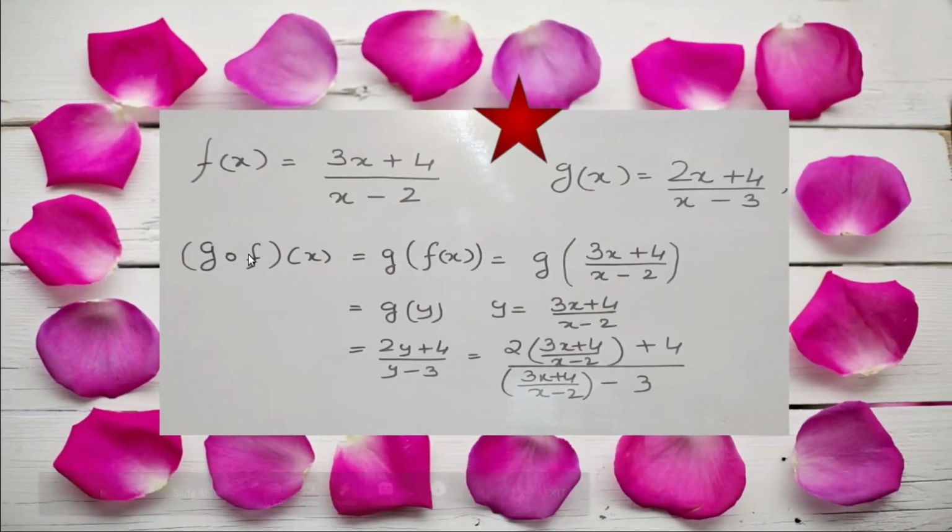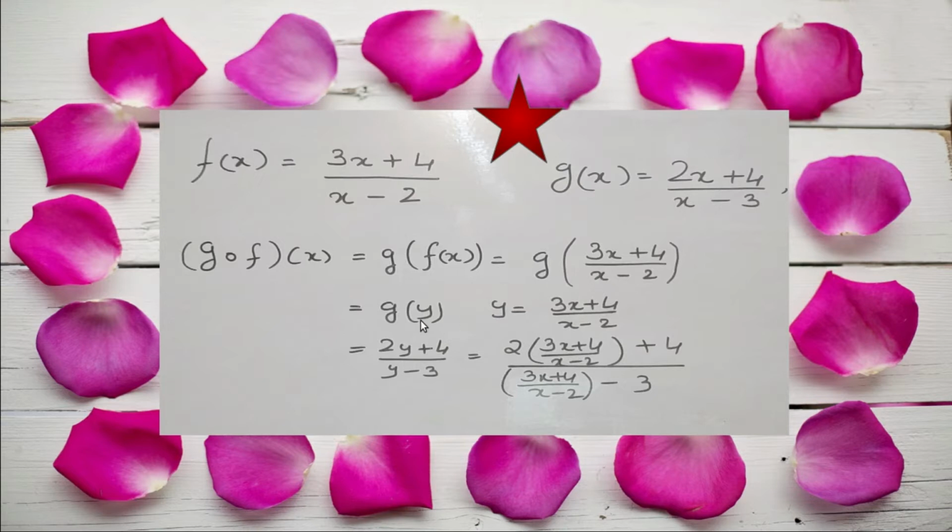Now consider g composite f of x. g composite f of x is g of f of x. f of x is 3x plus 4 divided by x minus 2. So g of (3x plus 4 divided by x minus 2). Take this bracket as y.